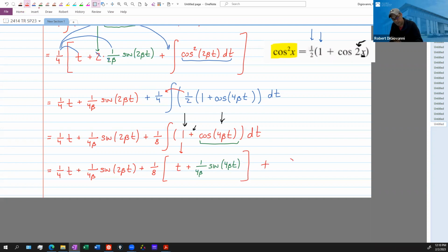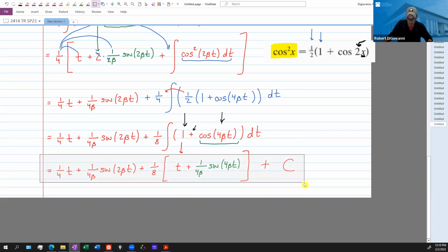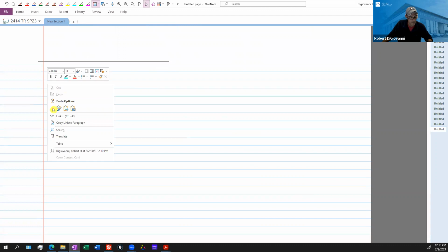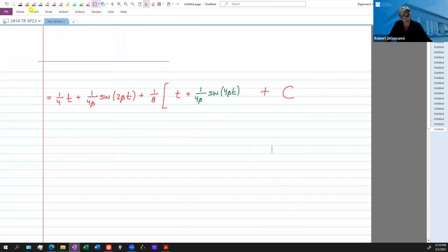Plus c. Okay, I'm going to go to my next page. Bring that with me here. I'm going to clean this up. There's still a little bit more I can do here.